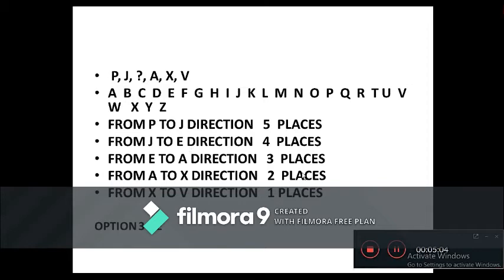Therefore, by analyzing this trend, definitely from J to E there will be 4 places. Therefore, the option is number 3, E.